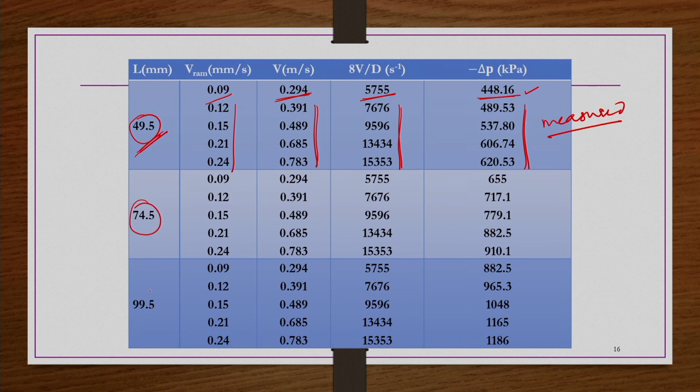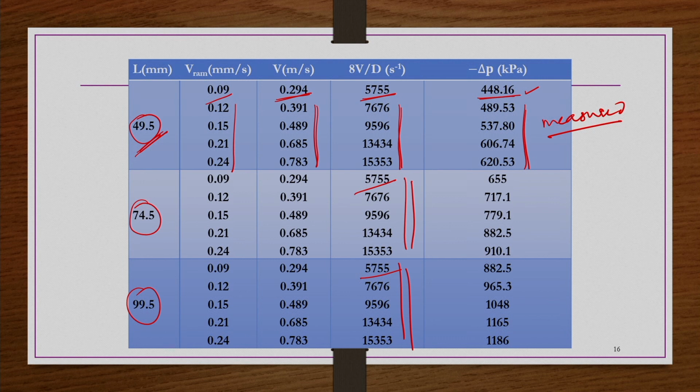Similarly for the second and third capillary also. You can see the shear rates are given as exactly the same. Actually, you do not get exactly the same, but you get very close to each other when you do the calculation. So, I have done the average and made it to a round figure. These values are very close to each other.